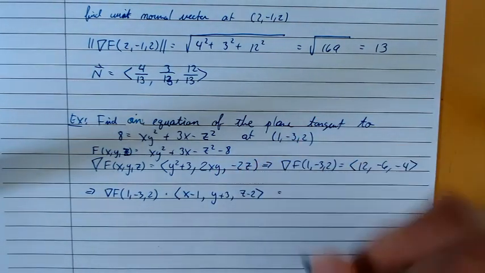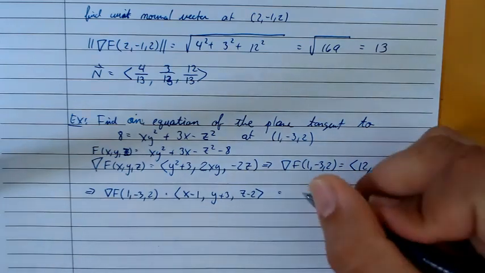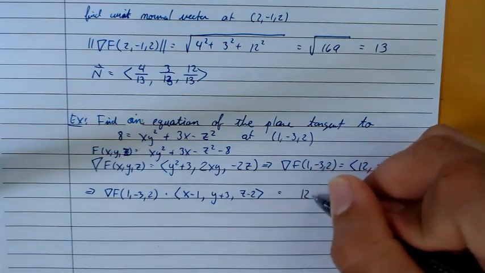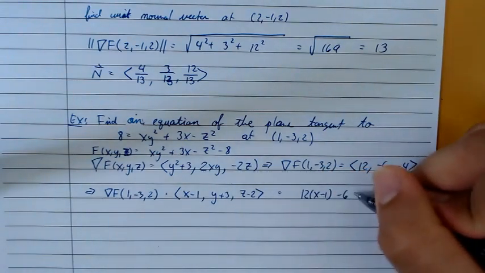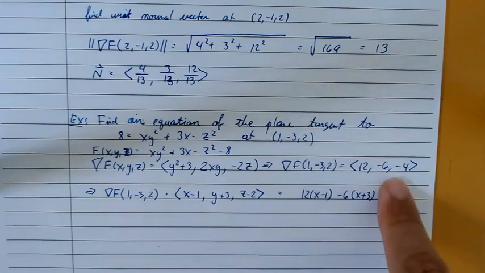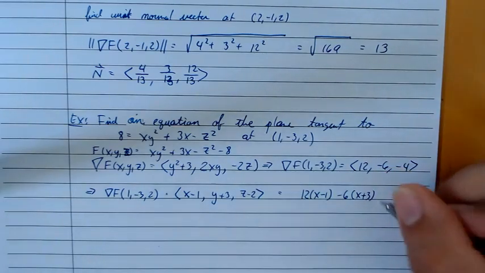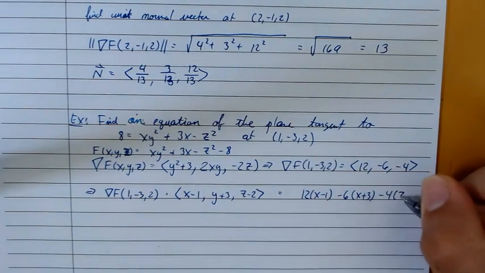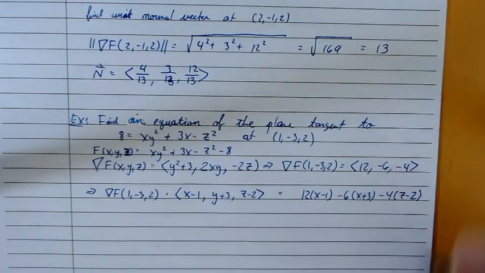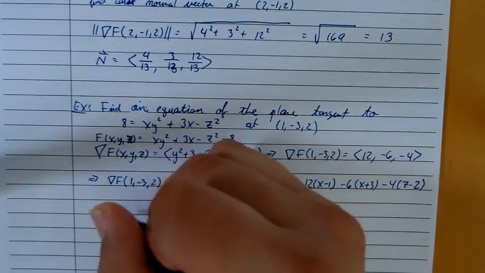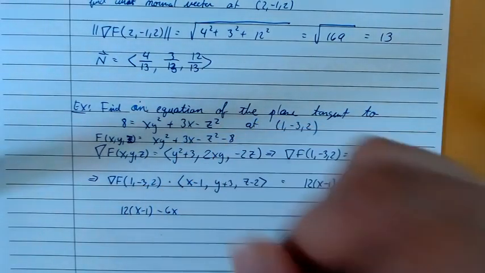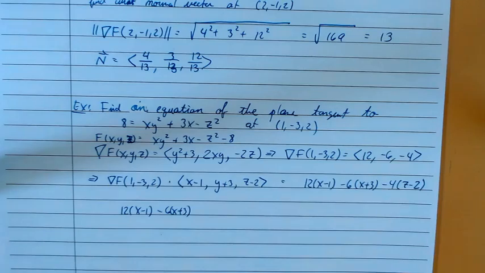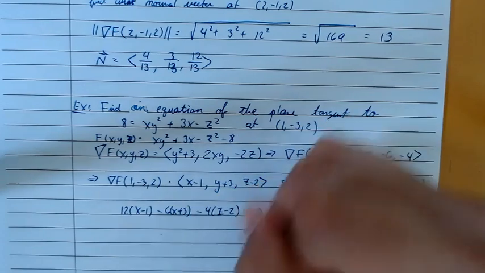And so that's going to give us 12 times x minus 1 minus 6 times y plus 3 and minus 4 times z minus 2. So the equation that we want is 12 times x minus 1 minus 6 times y plus 3 minus 4 times z minus 2 is equal to 0.